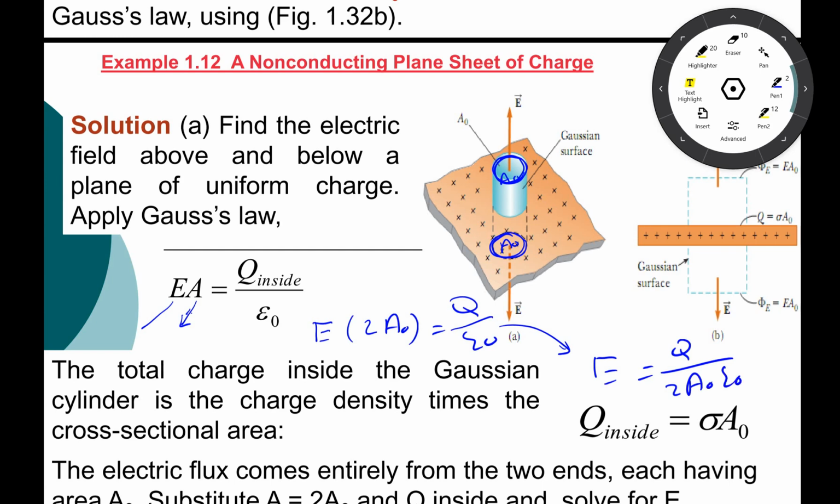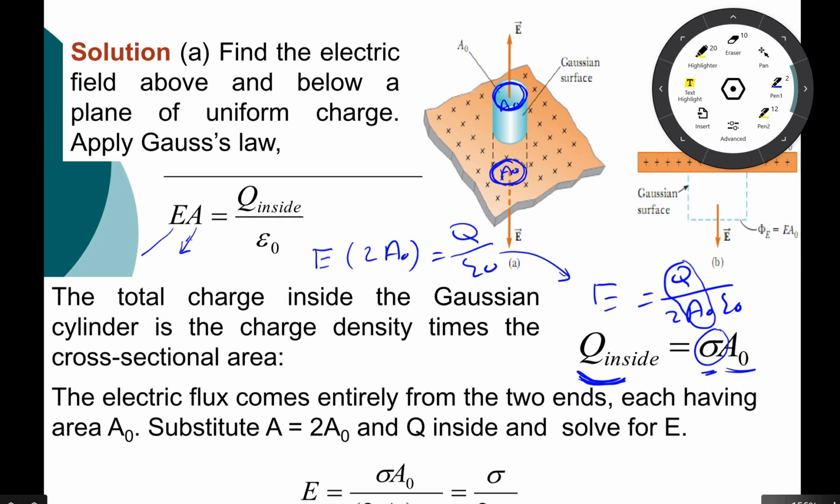And from the definition, if you look at our previous lecture, we defined a new concept, sigma, which is called surface charge. The surface charge is actually the charge over the area. So we will take Q over A null as sigma.